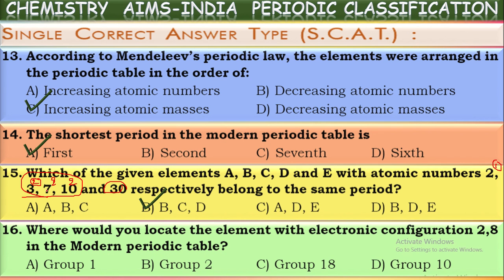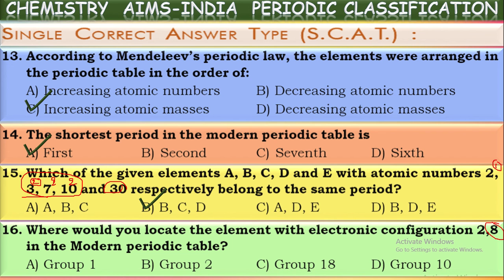Okay, next. Where would you locate the element with the electronic configuration 2, 8 in the modern periodic table? See, in the valence shell, there are 8 electrons. Only the elements of the 8th A group have 8 electrons in their valence shell.